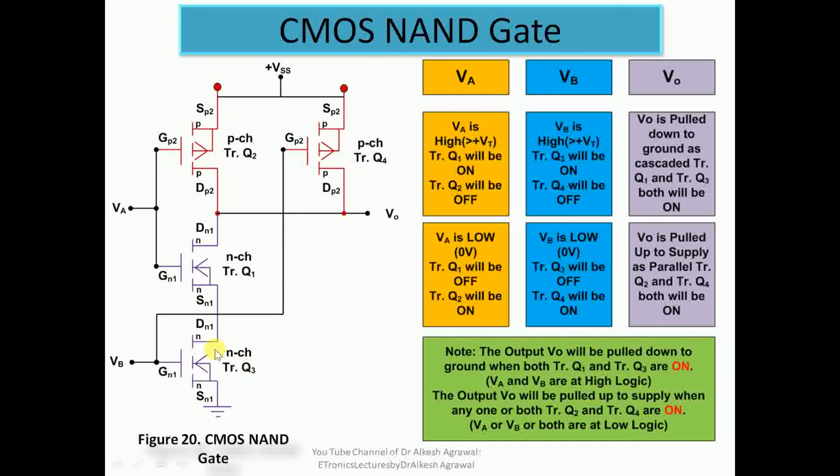Here you can see transistor Q1 is connected to transistor Q3, and both are N channel MOSFETs, so they are connected in cascaded form, whereas the P channel transistor of the second CMOS inverter is connected in parallel to the P channel transistor of the first CMOS configuration. This connection seems to be somewhat complicated. It is, but it is not so.